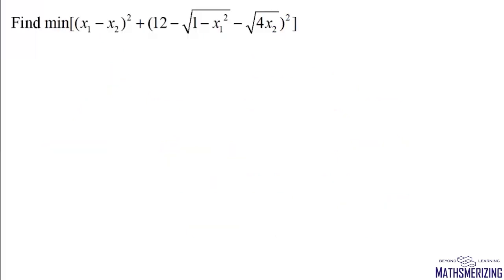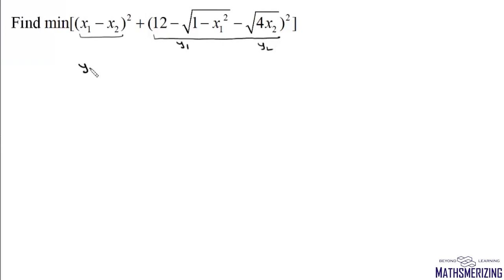Now here the question is, find the minimum value of x1 minus x2 square plus 12 minus under root of 1 minus x1 square minus under root 4 x2 whole square. Now if we look at this formula closely enough, it looks like distance formula, which is x1 minus x2 square plus y1 minus y2 square.